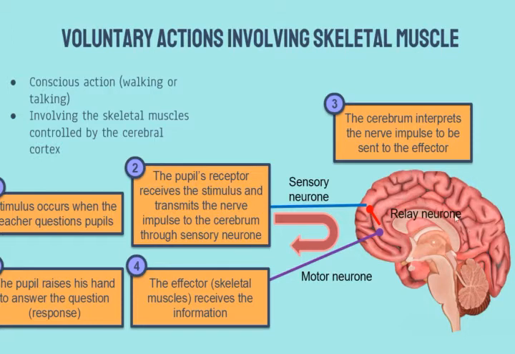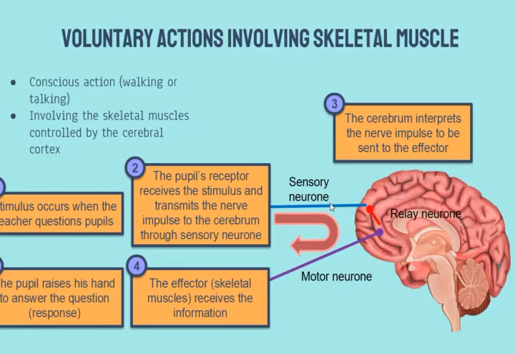Through what neuron? You still remember, there are three types of neurons, right? That is the sensory neuron. The sensory neuron transmits the nerve impulse from the receptor organ to the cerebrum.